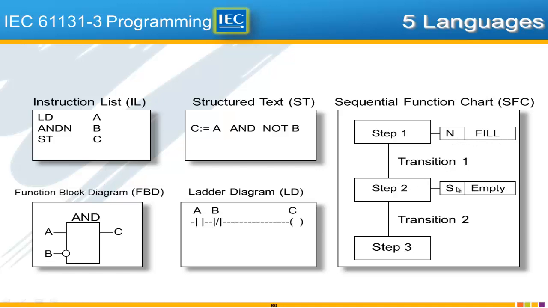Here's another step, action, and transition. And so this is a way to structure and organize in a logical manner the different actions or the different calculations or motions, whatever has to be done in sequence and in order in a very visual and straightforward manner.